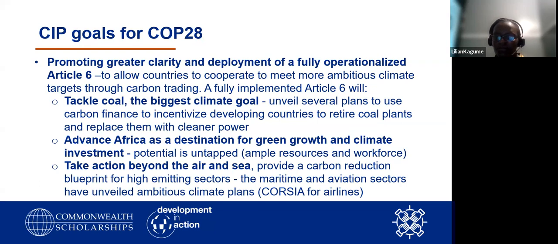Implementation of Article 6 will support governments in tackling coal, which is the biggest climate change challenge, because over 80% of the emissions that are causing global warming come from coal plants. The aim here is to push for incentivization of developing countries so that they can retire the coal plants and replace them with clean energy.